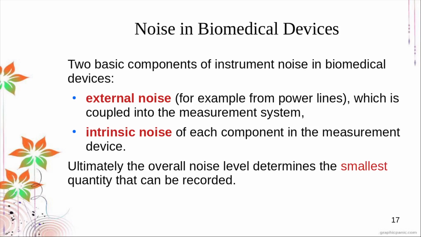So, in terms of noise, the overall noise level determines the smallest quantity or the sensitivity of your instrument. The simplest way to remove the noise is actually subtracting it from the actual signals. So you get the basal noise level and then remove it. That's one of the simplest ways of removing noise.